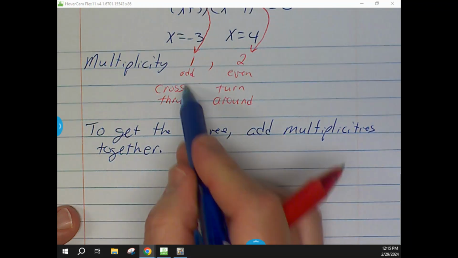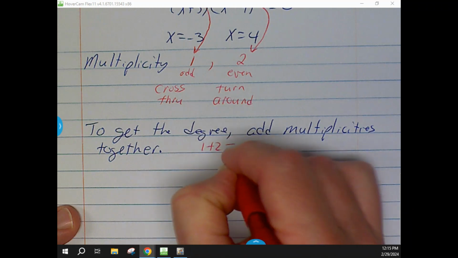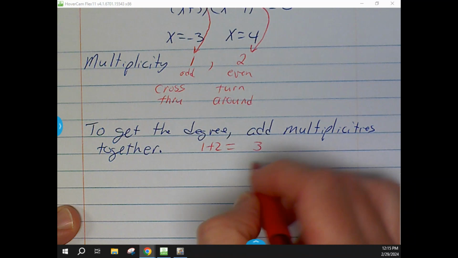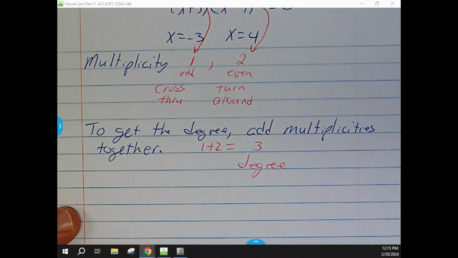So this one had multiplicity 1, this one had multiplicity 2. So for this problem, it's 1 plus 2, so that's 3. So for this equation that we're working with, it has degree 3, which would make it a cubic polynomial. In this case, I'll probably just ask for the number.